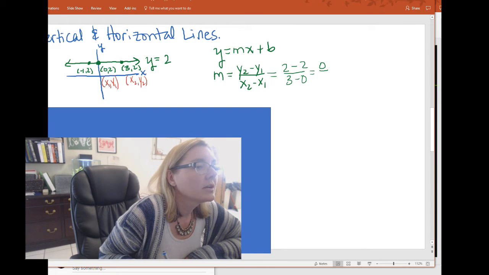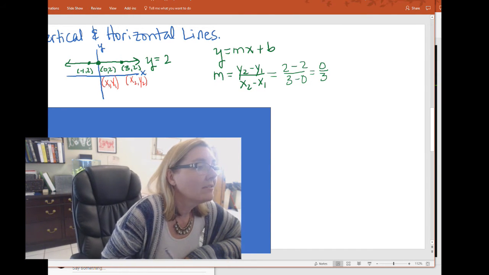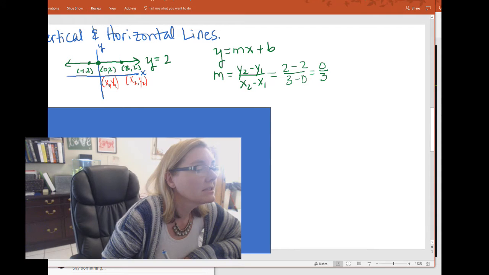Notice that in the numerator I get 0, and in the denominator I happen to get 3 in this case. But in every case, if I were to subtract the y coordinates, I'm always going to get 0, so I'm always going to have 0 in the numerator of my slope formula. This would happen on any horizontal line because all the y values are equal. So your numerator always turns out to be 0.